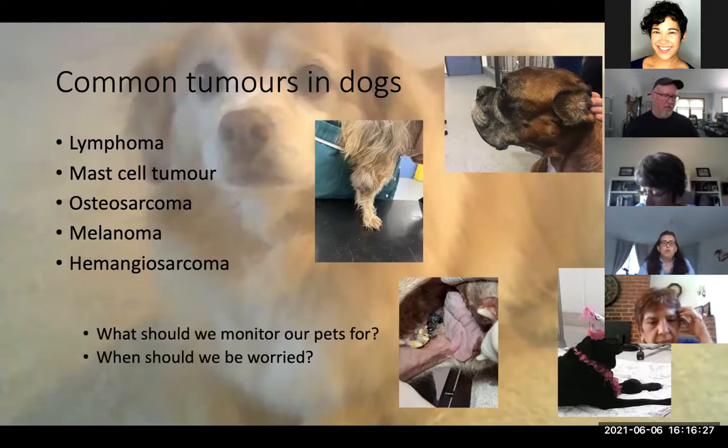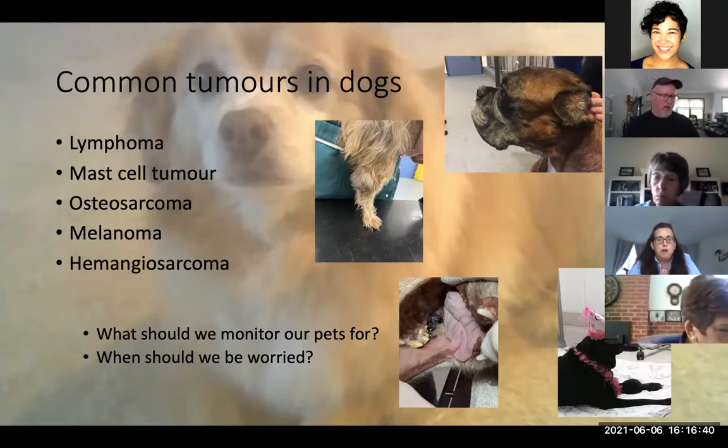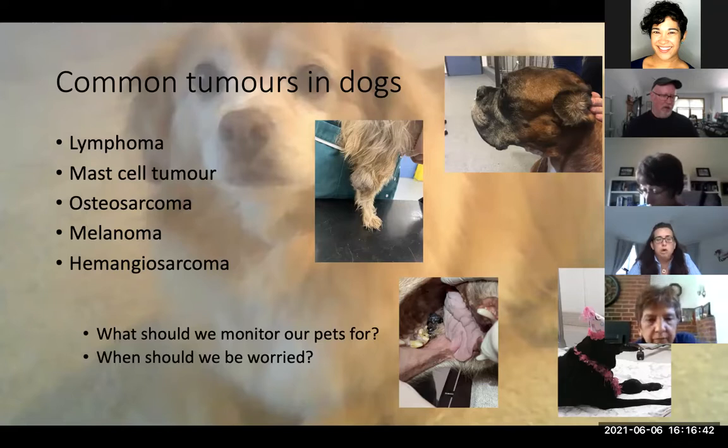So we know there's a lot of tumors that can develop in our pets. So what can we do? How can we monitor our pets for these tumors? And when should we be worried? If our pets are getting older, we need to be more aware of these changes that are going on with them. We all slow down as we get a little bit older, dogs and people.